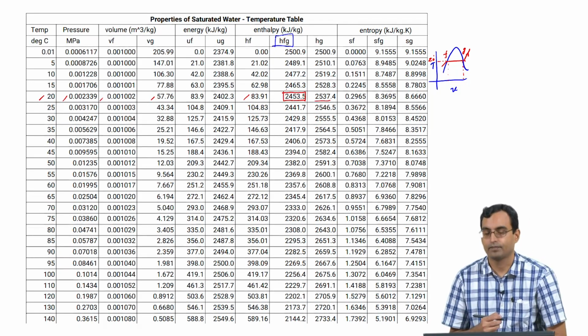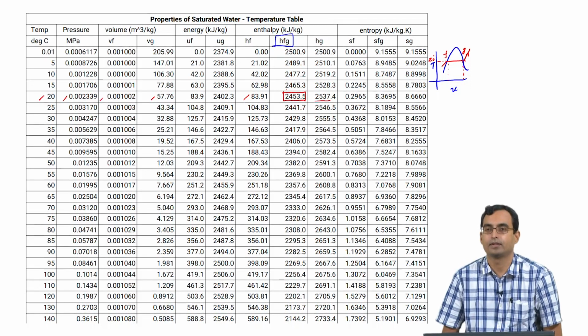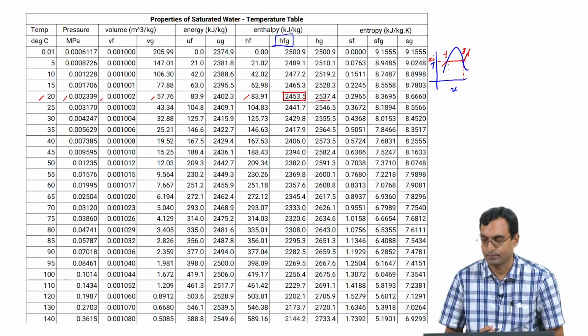So, I would need to give 2453, sorry, this is kilojoules per kg of liquid in order to convert it into steam at this temperature and pressure.